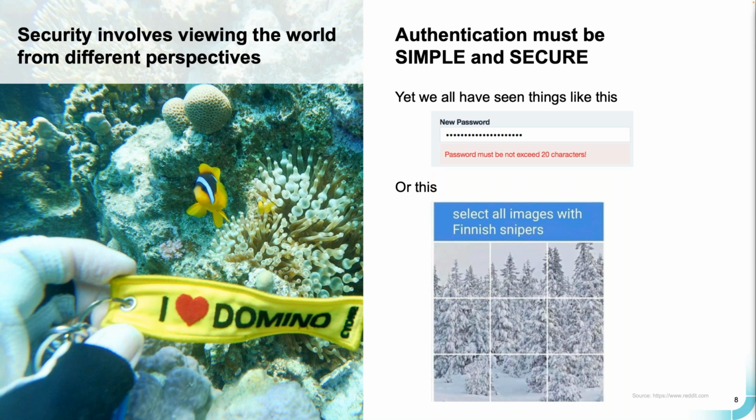But ultimately, all of those different aspects of security come down to twisting your brain 90 degrees to the left and viewing the world from a slightly different perspective. When you're looking at a house before you leave on vacation, you don't just lock your front door and walk off. You go check and make sure that the basement door is locked, and you check to make sure the windows are locked.